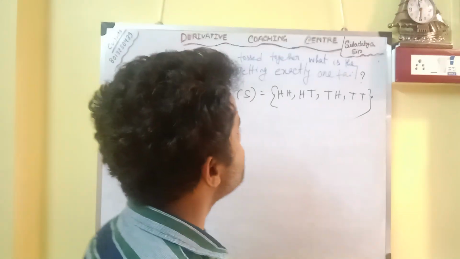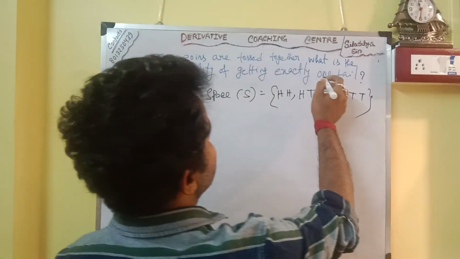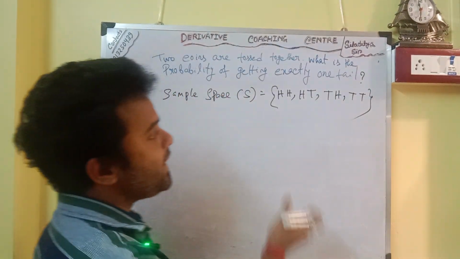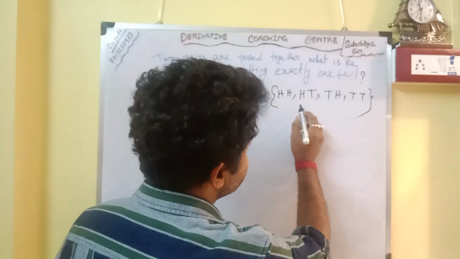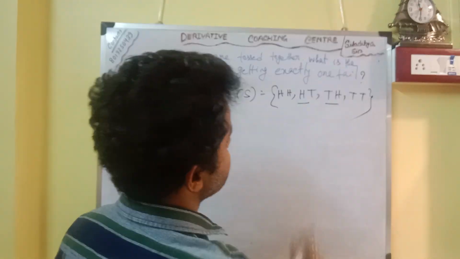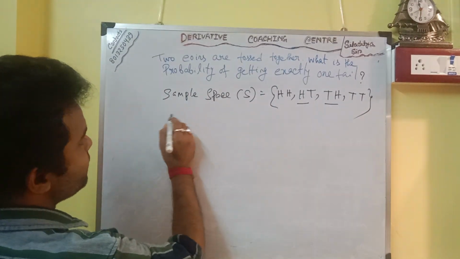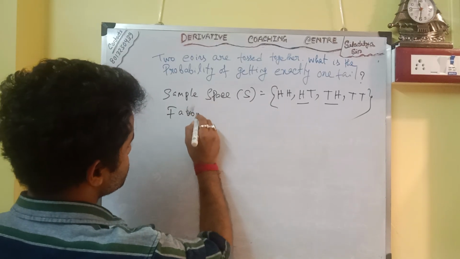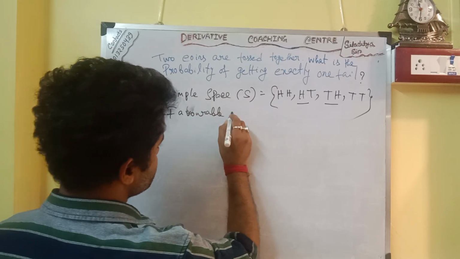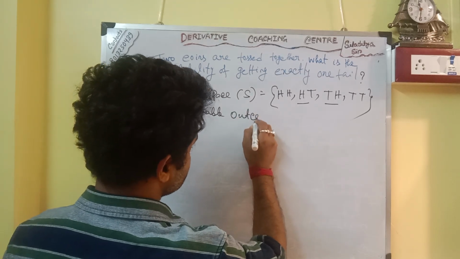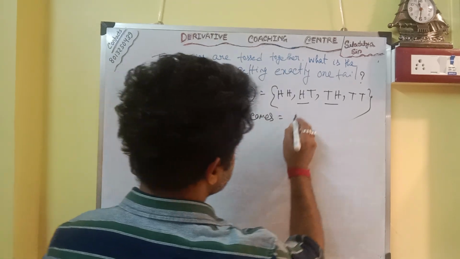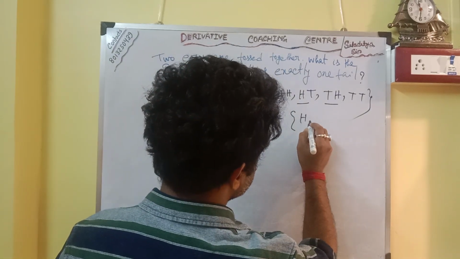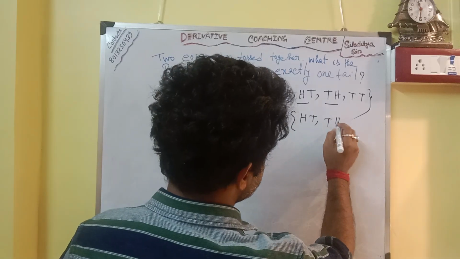Now you have to find your favorable outcomes. What are your favorable outcomes? Exactly one tail. So this one has exactly one tail, and this one has exactly one tail, so the favorable outcomes are head tail and tail head.